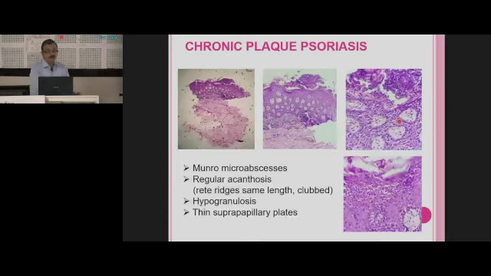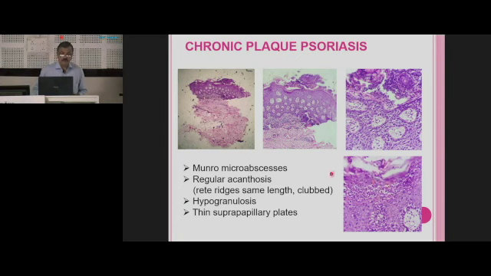The chronic plaque psoriasis is the classic form of the psoriasis, where you get the Munro's microabscesses. So here, as the approach of the diagnosis of any skin lesion, you should go from the scanner view to the high power and then the more high power views.